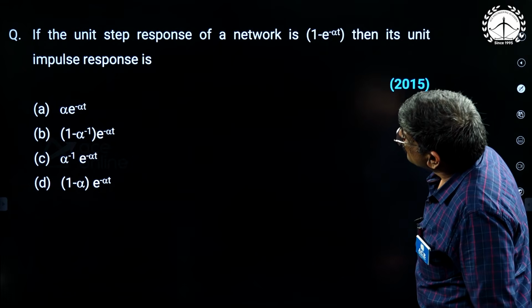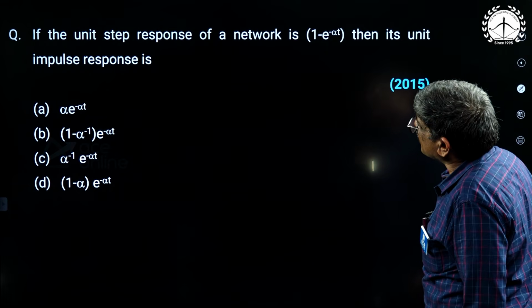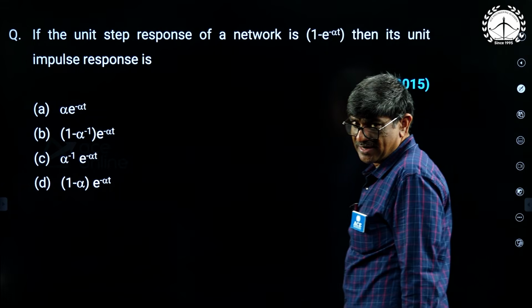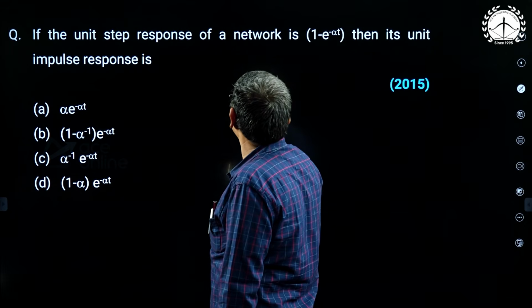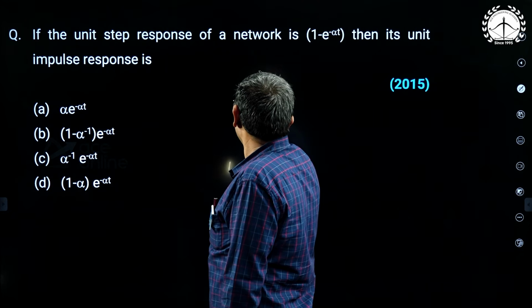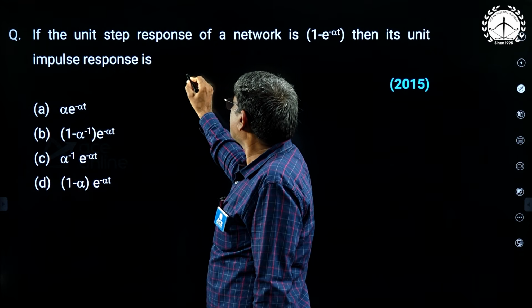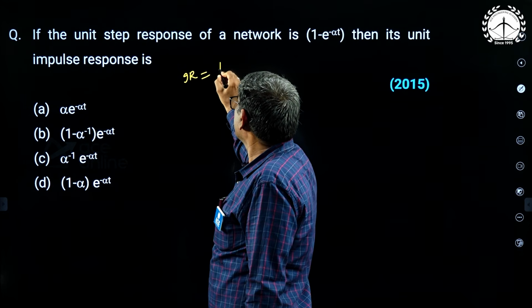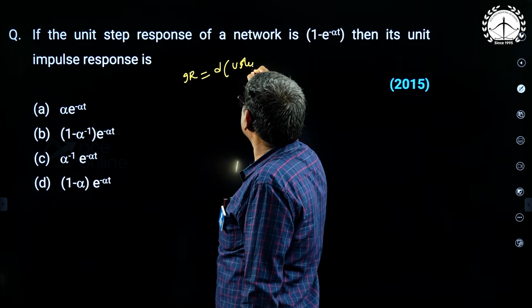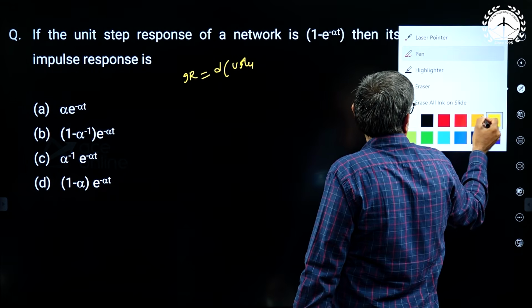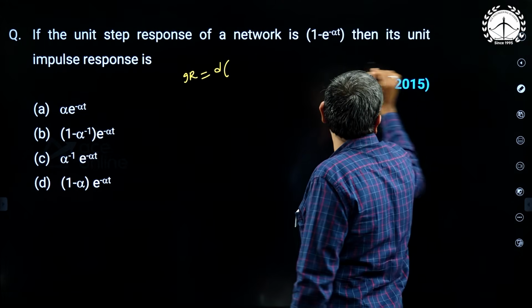Next, the unit step response is given, find its impulse response. One is the differentiation method, second one you can find the transfer function also. Two methods you can do. Impulse response is nothing but the differentiation of step response.